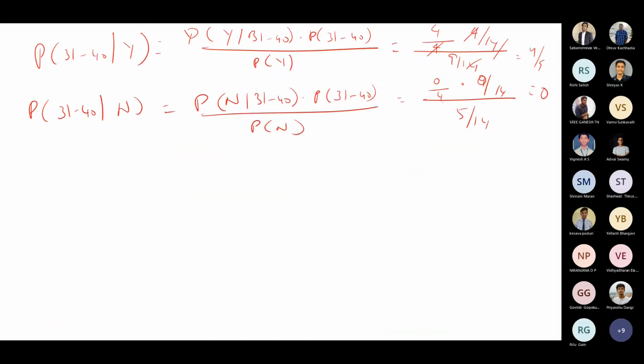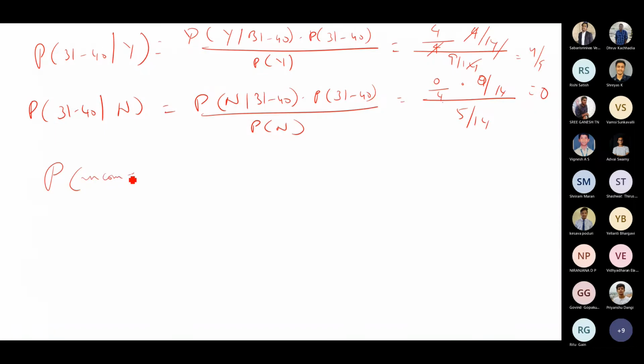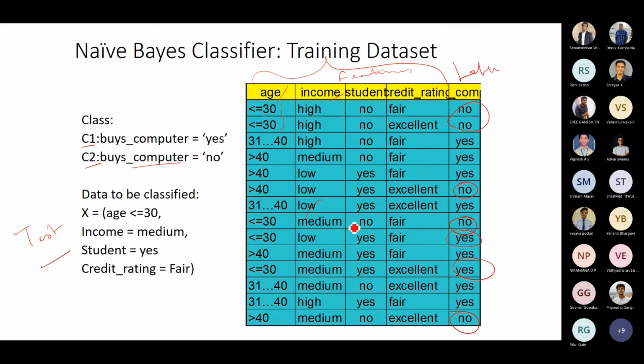So we have to find out probability of income is equal to medium given yes, is equal to probability of yes given income equal to medium, multiplied by probability of income is equal to medium, divided by probability of yes. Similarly for no.